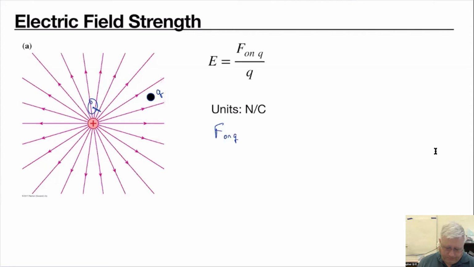So when we put a charge in the field, it experiences a force, which is equivalent to the magnitude of the charge, the charge that's in the field, not the source charge, times the electric field strength.